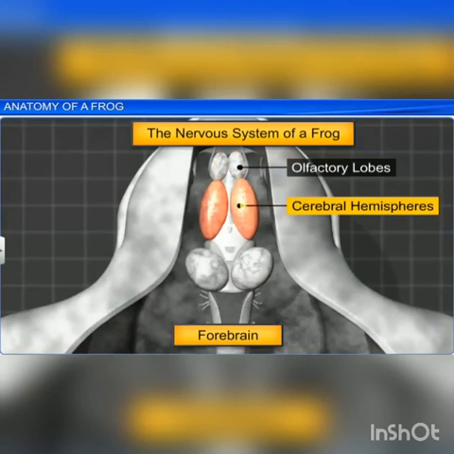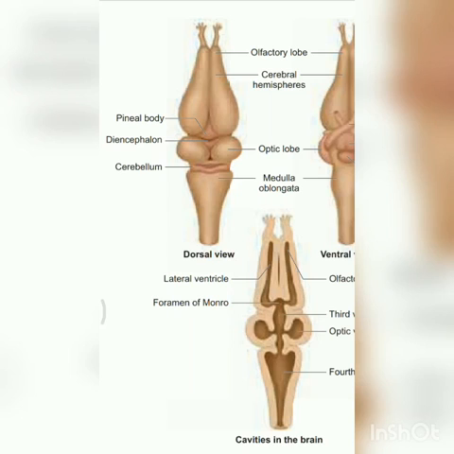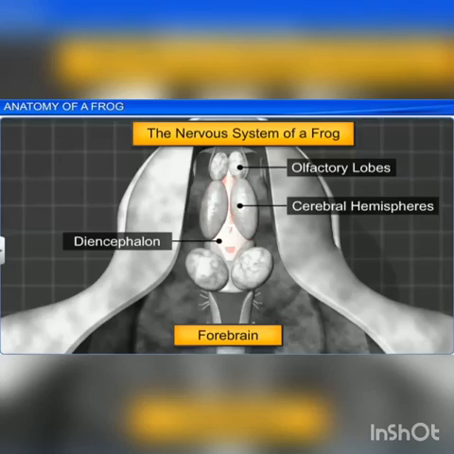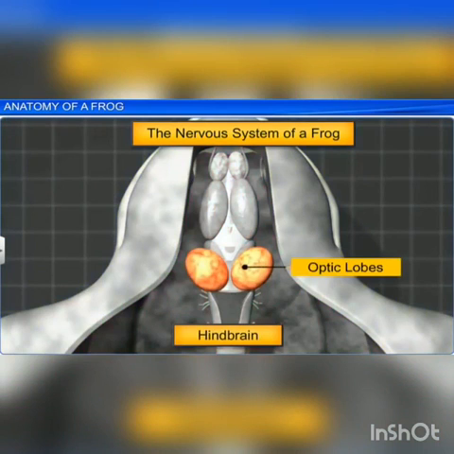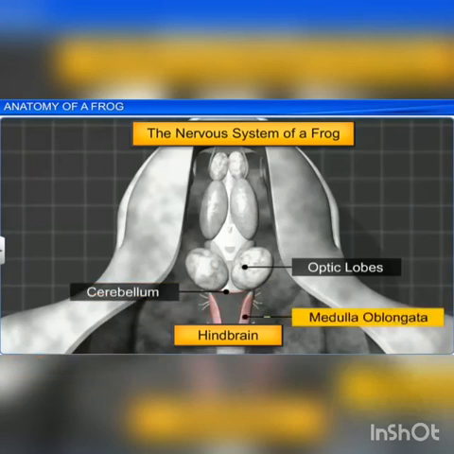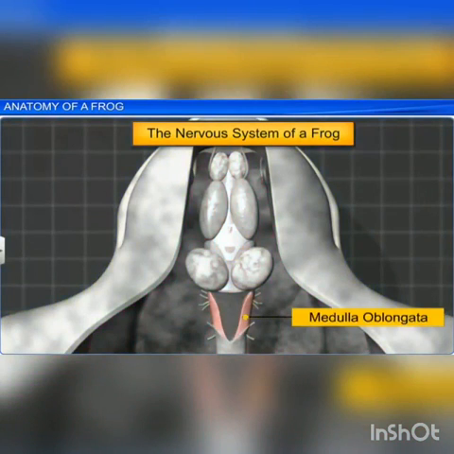Anterior part of the olfactory lobes is narrow and free but is fused posteriorly. So the olfactory lobes contain a small cavity called the olfactory ventricle. The midbrain includes two large oval optic lobes, optic eyes, and have cavities called optic ventricles. The hindbrain consists of cerebellum and medulla oblongata.